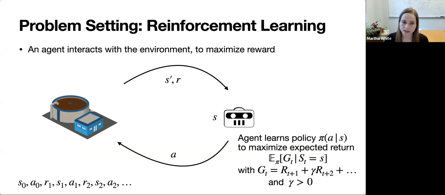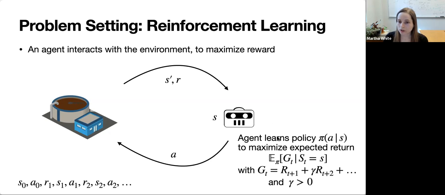Okay, so the agent's goal is to take these actions so that it actually maximizes the long-term expected return. So the expected return here is written like this. It says the return G_t is the reward I receive on this step after taking an action, plus gamma times the reward in the next step, plus so on. So an infinite sum into the future discounted by some gamma that's greater than 0.